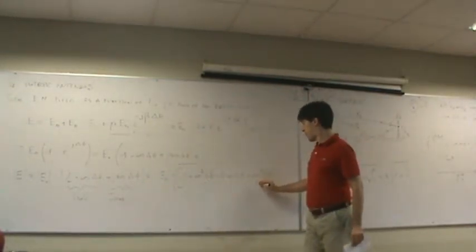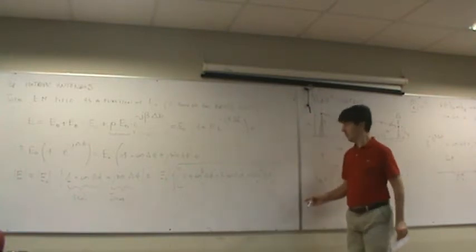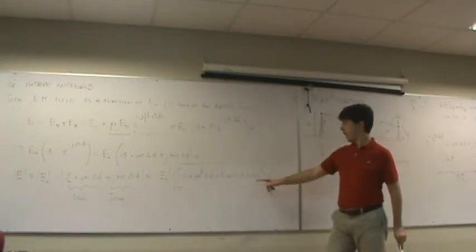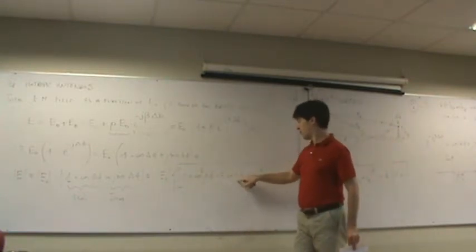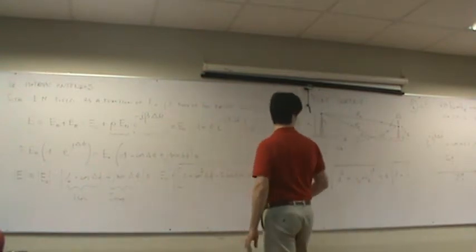Now this plus this is equal to 1. So you end up with 2 minus 2. Let me see where, okay.